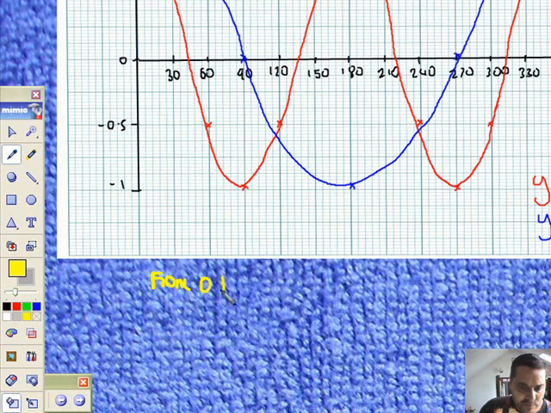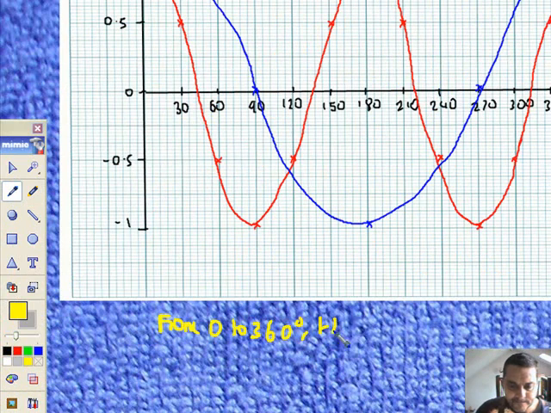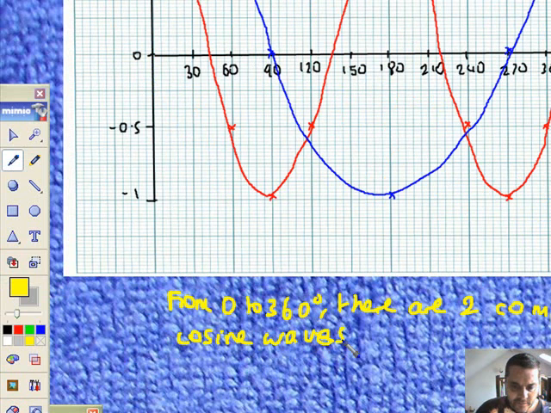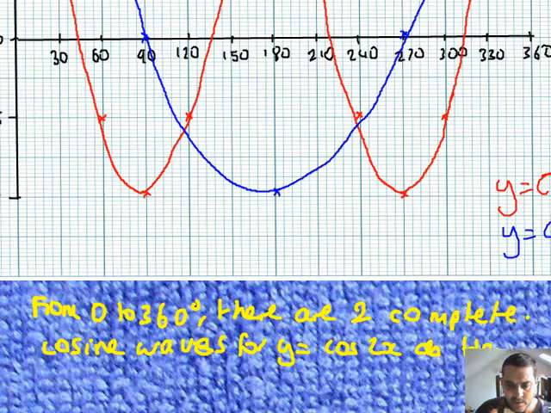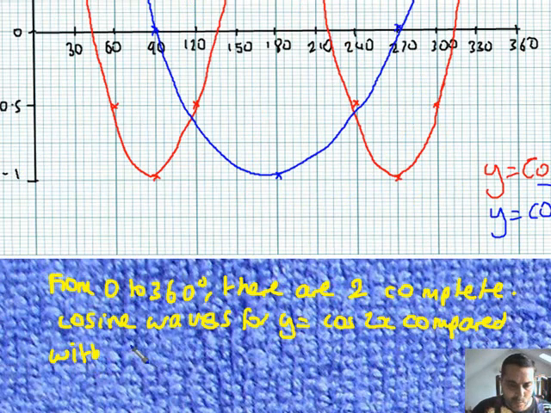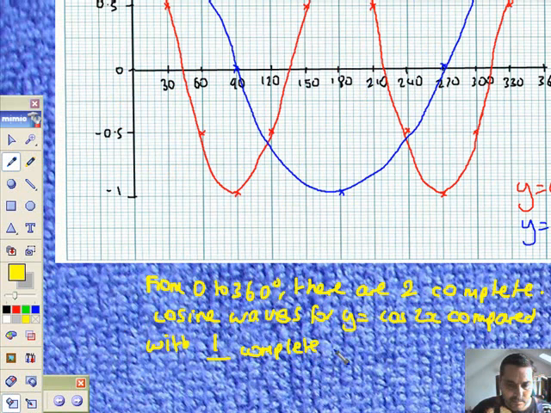So from 0 to 360 degrees there are two complete cosine waves for y equals cos 2x, compared with one complete wave for y equals cos 1x, and that's it.